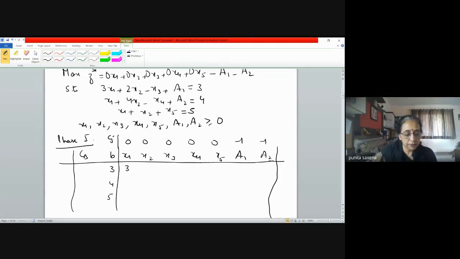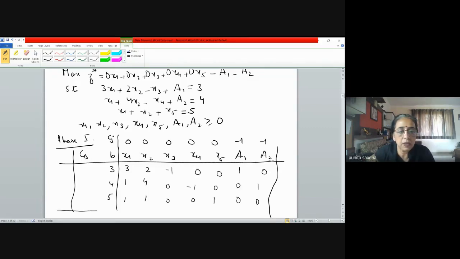X1 will be 3, 1, 1. X2 will be 2, 4, 1. X3 -1, 0, 0. X4 0, -1, 0. X5 0, 0, 1. A1 1, 0, 0 and A2 0, 1, 0.